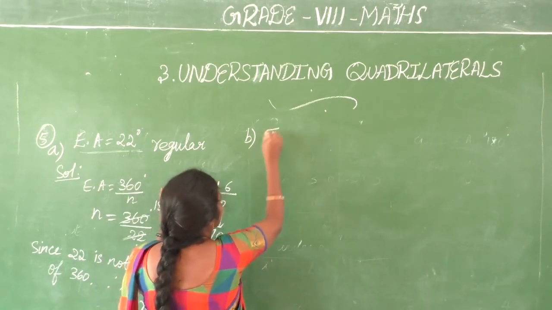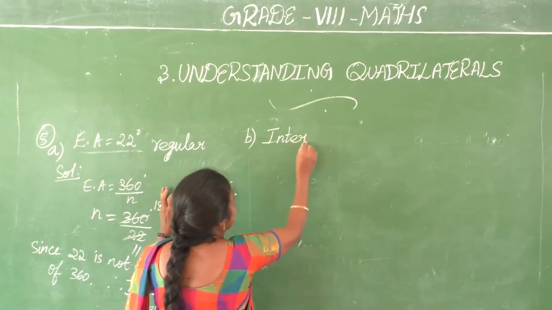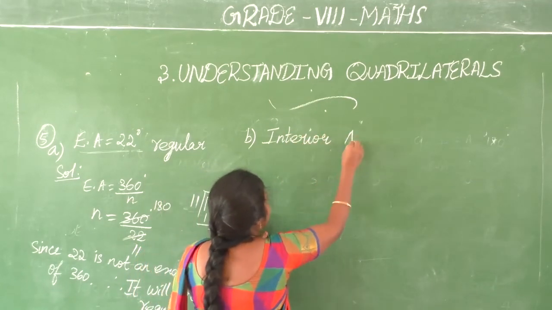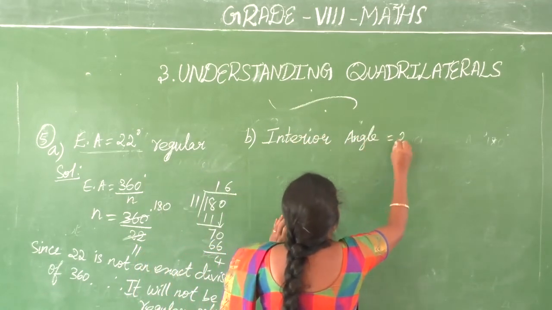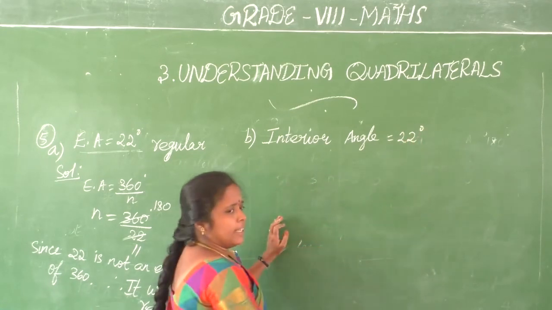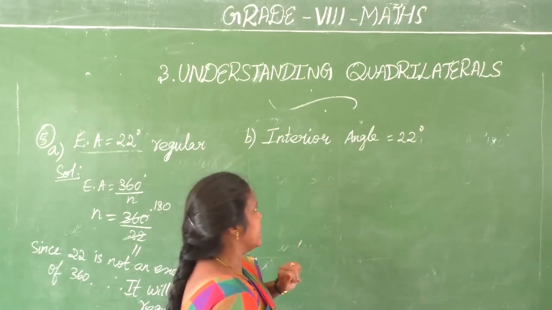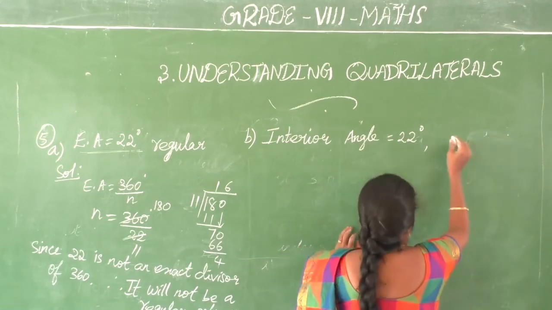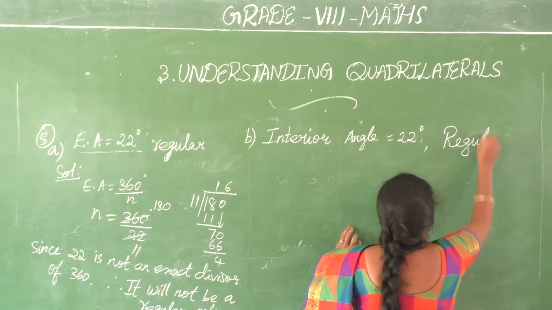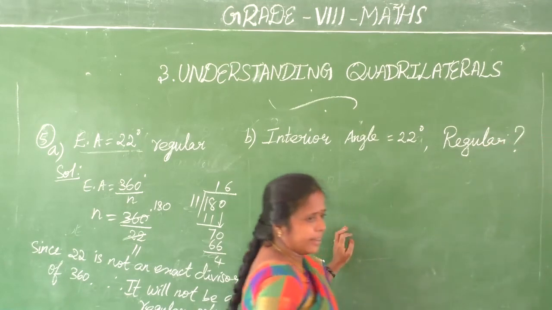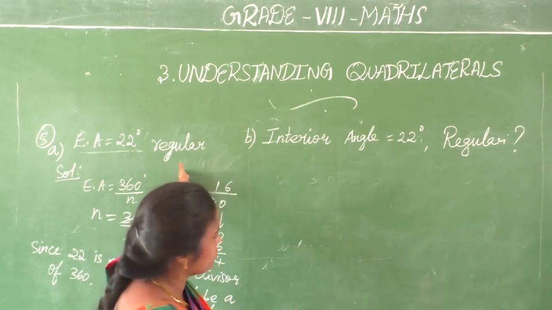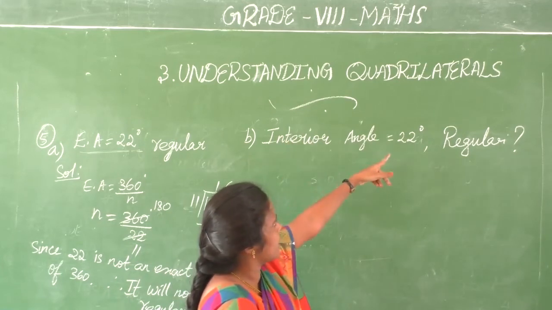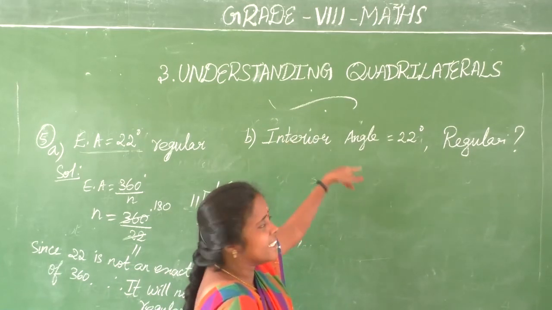See, the given angle is here the interior angle. Consider 22 degree as its interior angle. At that time, check whether the given polygon is regular or not. Here the exterior angle is to be found. Consider the interior angle.